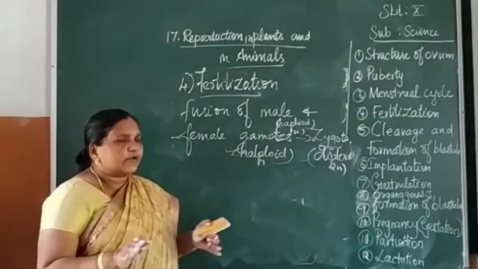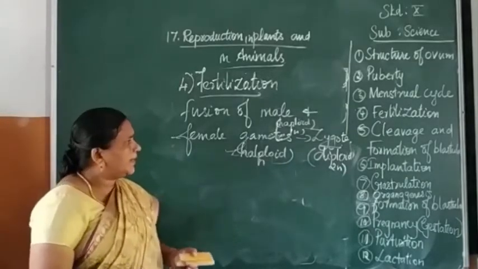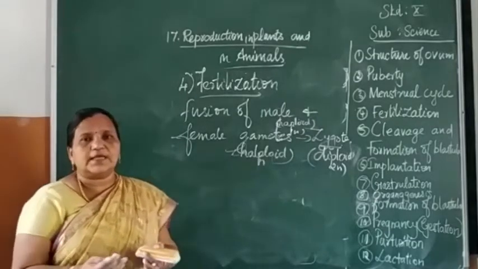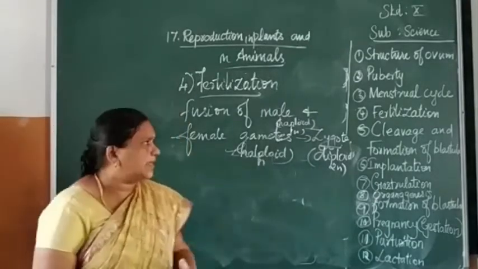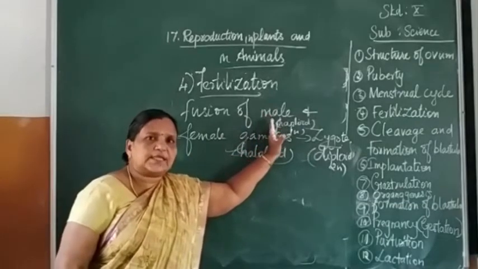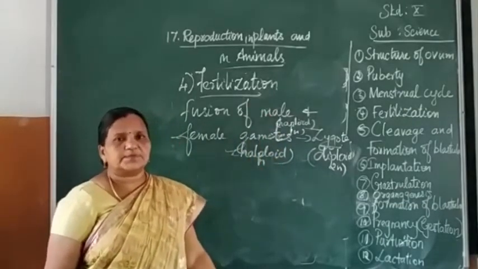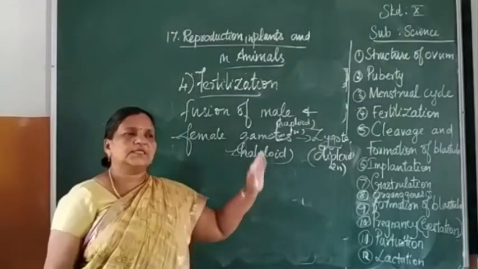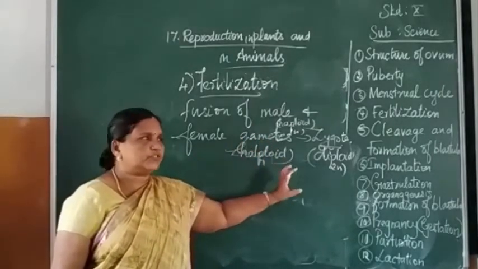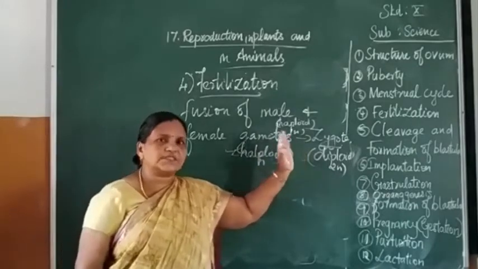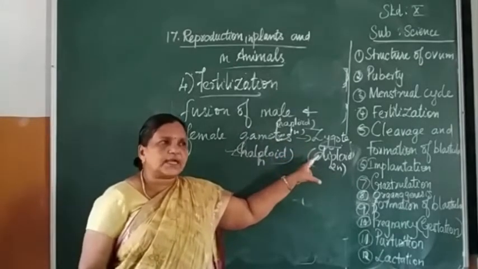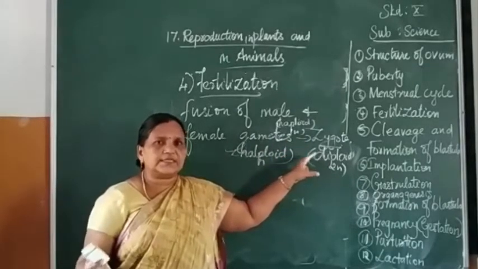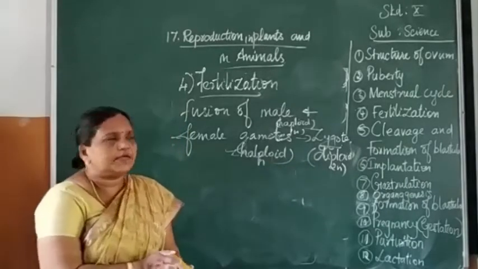Now the zygote is formed. Here meiosis division will happen in the reproductive cells. Meiosis means reduction division, reducing the number of chromosomes. That's why it is called a reduction division. After the formation of the zygote, the zygote undergoes mitotic division, that is multiple division.